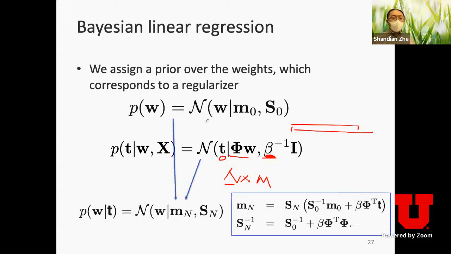If we multiply the prior and the likelihood, we can calculate the posterior distribution of the model weights W given the training data. Here, the bolded T indicates the observed outputs from the training data, and the posterior is another Gaussian. You can simply use the completing the square trick we discussed before to obtain this posterior Gaussian form, which is relatively easy, but we highly recommend you manually verify the form.